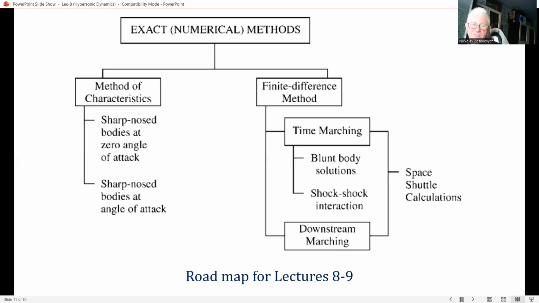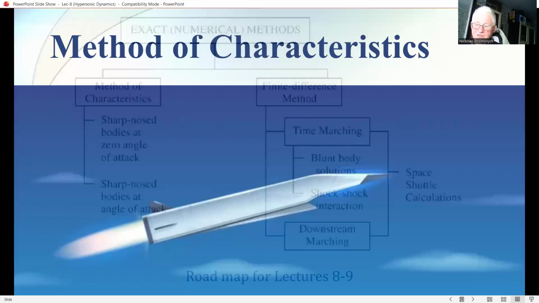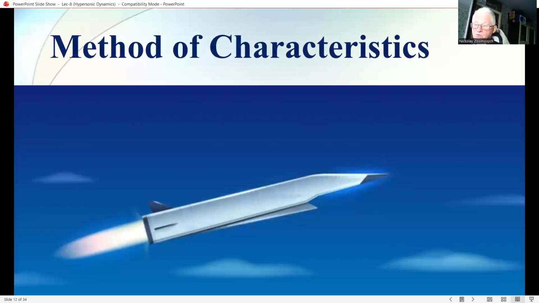The downstream marching approach will be applied to sharp-nose bodies and to the locally supersonic and hypersonic flow region over vehicles like the space shuttle. Okay. So next subtopic, method of characteristics.